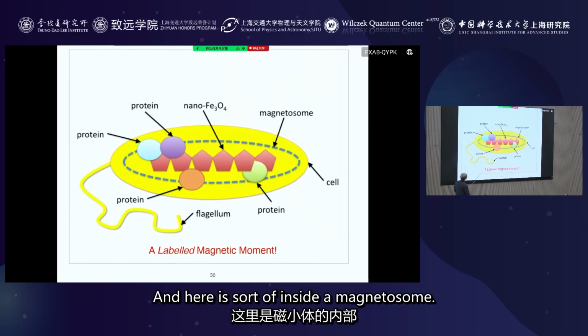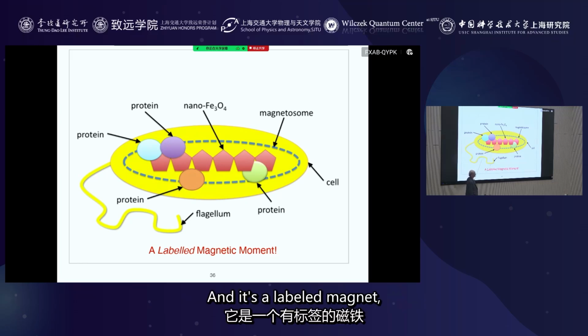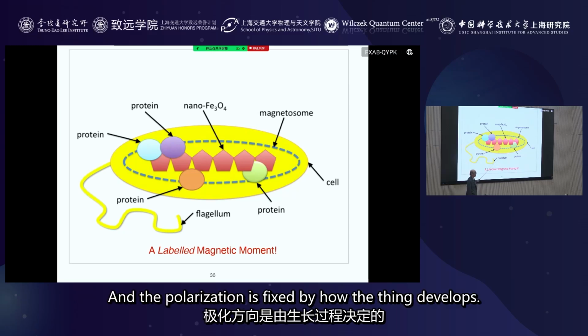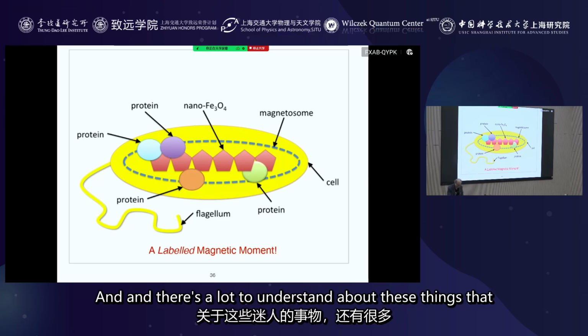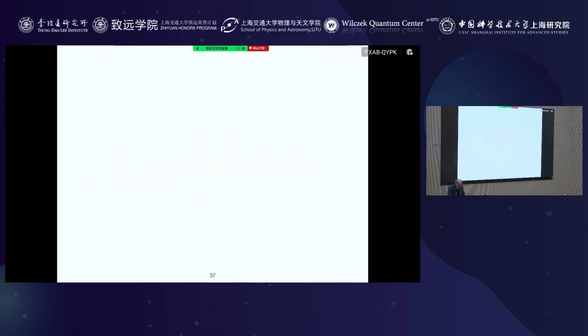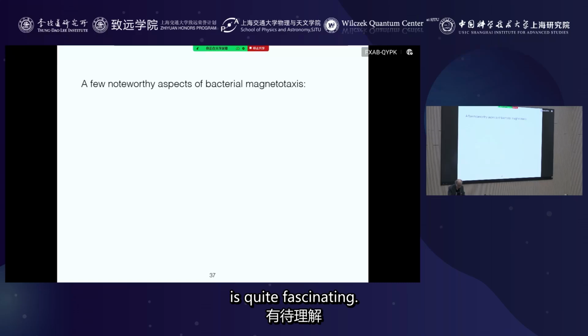And here is sort of inside a magnetosome, and it's a labeled magnet because the two sides are different and the polarization is fixed by how the thing develops. So you get a labeled magnetic moment. And there's a lot to understand about these things that is quite fascinating.